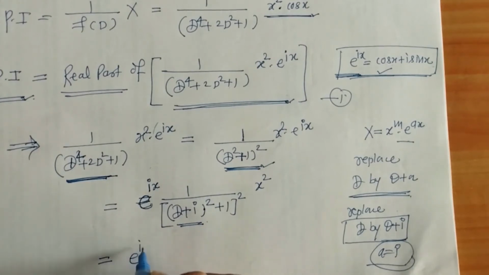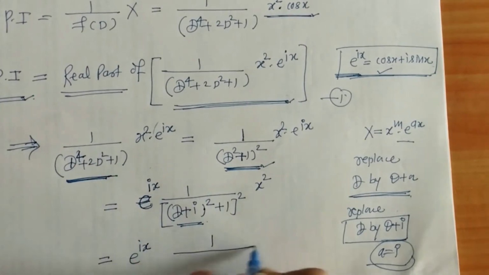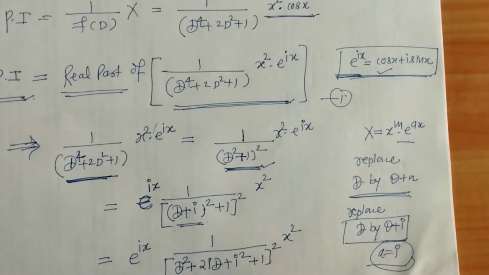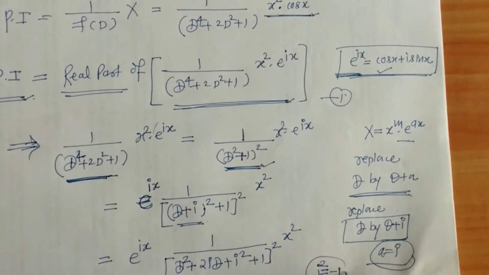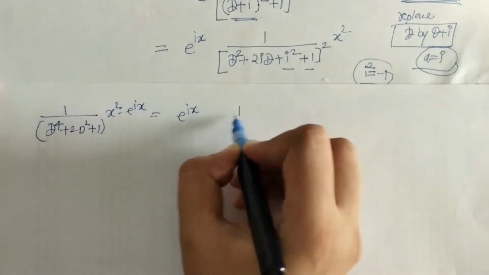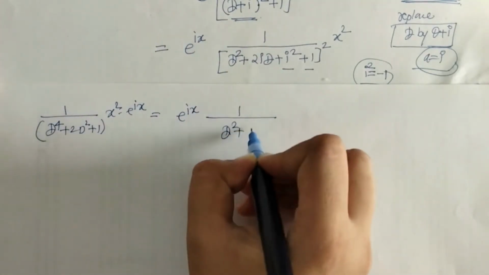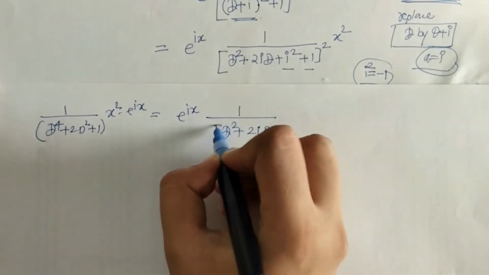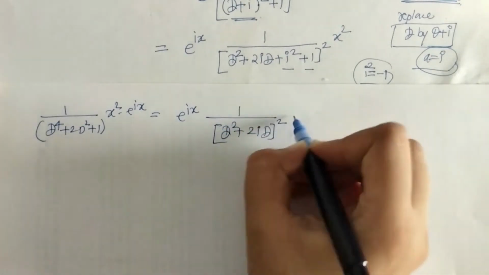So first we will simplify this expression. Here we have the square of this one. Now i square is minus 1, so this and this get cancelled. On simplification we get D square plus 2iD, and this is its square.